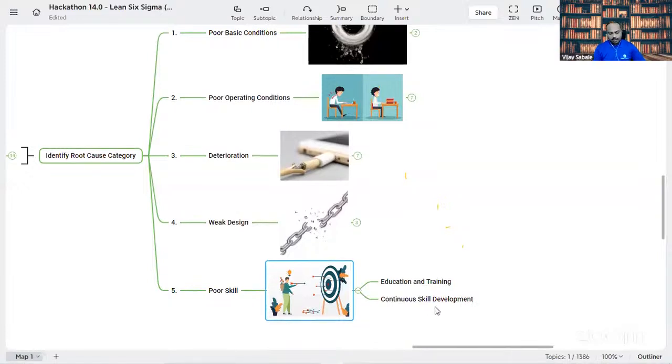We can create procedures, clear work instructions, and training, like theoretical training, on-the-job training, and evaluation. There are many things in that, right? Thereby we can evolve the skills of the human beings involved in that process. So education, training and continuous skill development is going to help us in these situations.